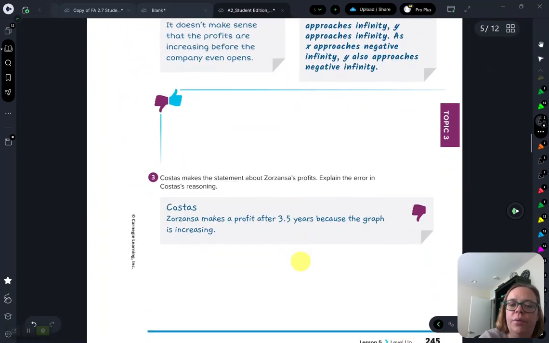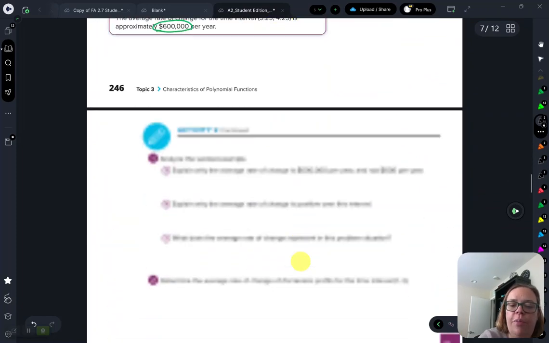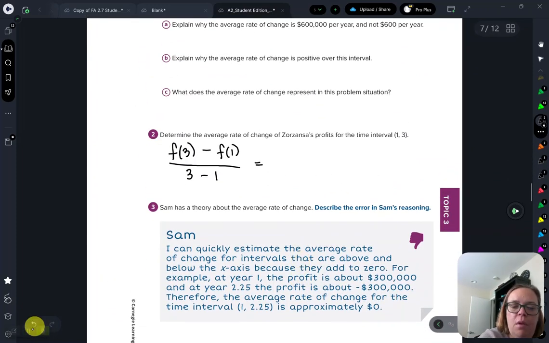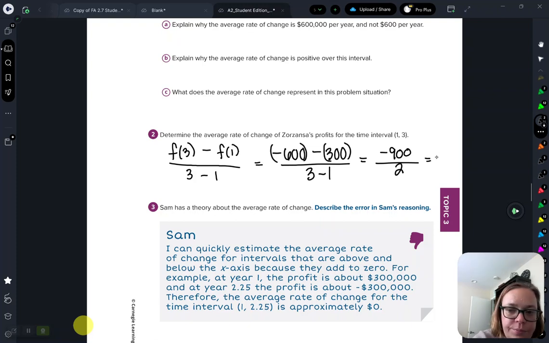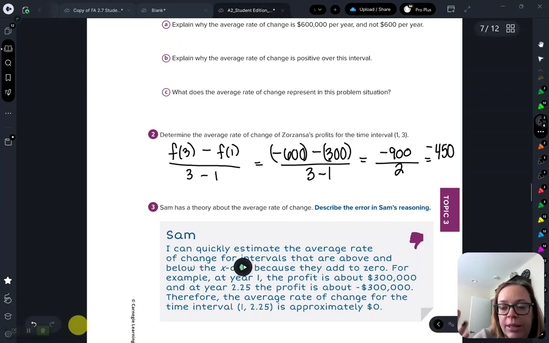Okay, so let's go back and fill it in. So we had negative 600 minus 300 over 3 minus 1. So we plugged in the 300, the negative 600. Gives us negative 900 over 2, which is negative 450.